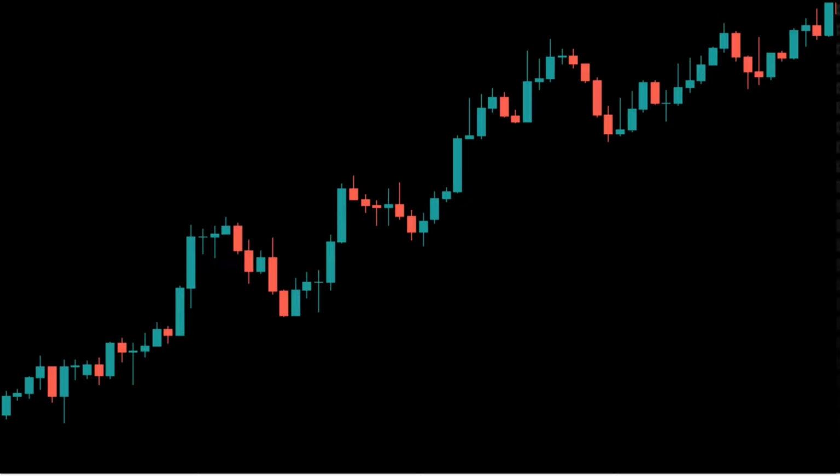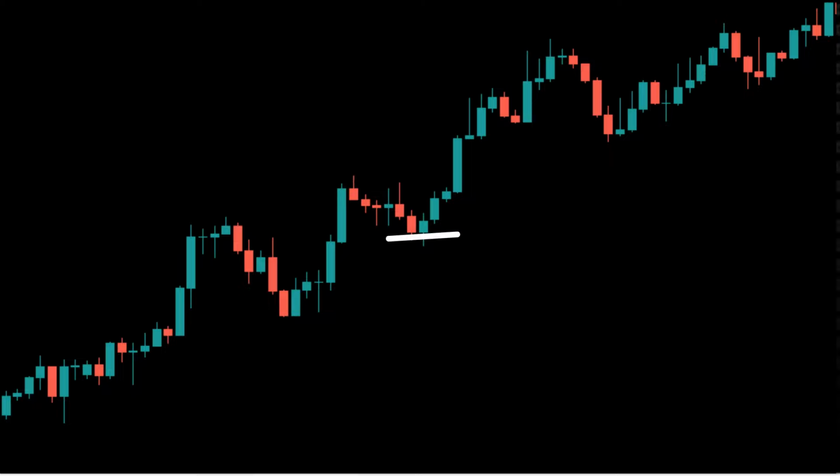Here is the second example of the strategy. First, trend identification. If you look at this price action, you can see that the price created the first swing high, then followed by a swing low, after which the price created another swing high, followed by another swing low.